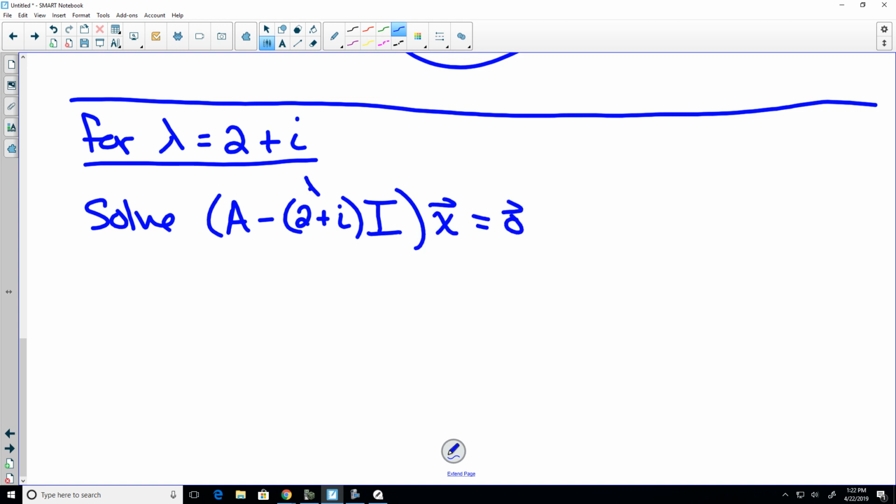Right, this is lambda. We solved that equation. So what that means is we take A and subtract 2 plus i from the main diagonal. And then we augment it with 0, right, and solve.